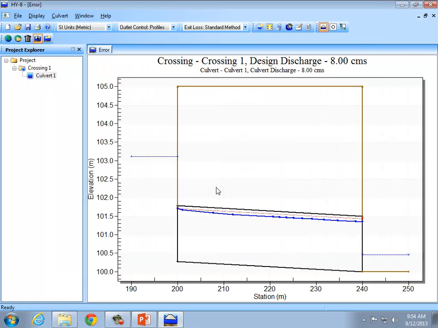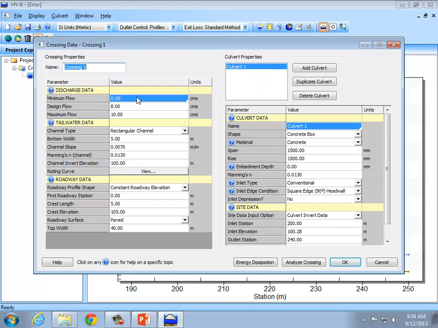So we can actually say, we'll go back to this, have the minimum flow be 5 cubic meters per second and the maximum flow be 6, and it will do 10 different flow rates between them. And we'll say, I don't know, 5.9. It doesn't matter what this design flow is. It does the analysis over the range of minimum to maximum.